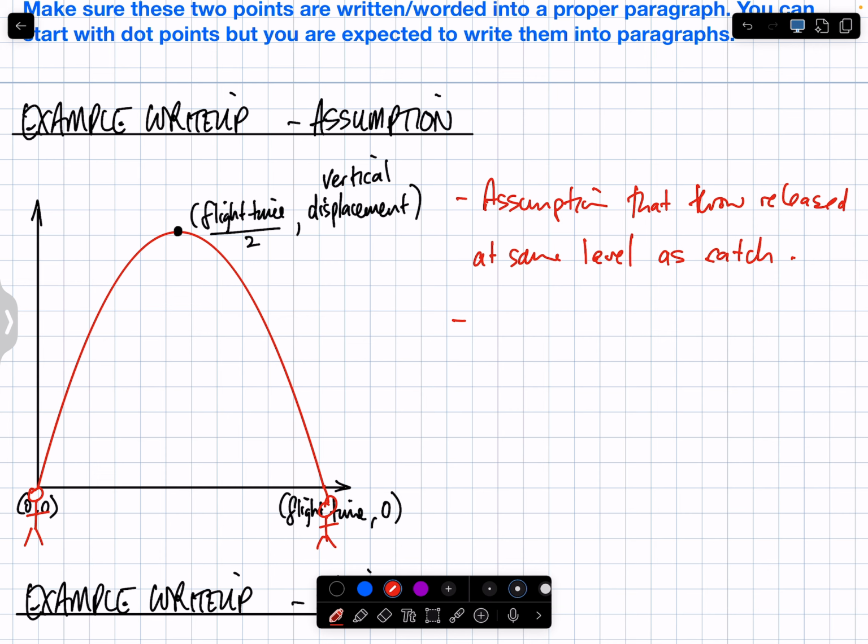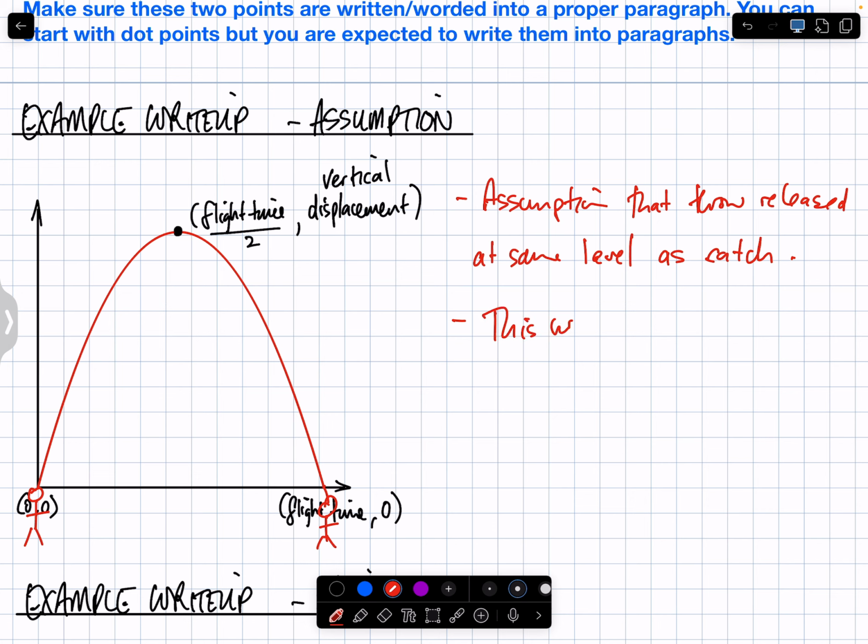Is it a longer flight or is it a shorter flight? If it's a longer flight, okay? What's that going to affect the result? That means that your graph is going to actually land a bit further than it should be. Does that make sense, how we had to make that assumption? Because we're only doing year 10 maths, so it has to be perfect. But it wasn't perfect, was it? You're not exactly at the same level, okay? So throw at the same level as catch.